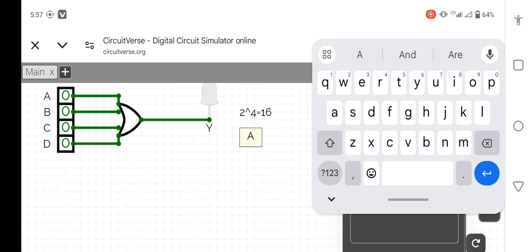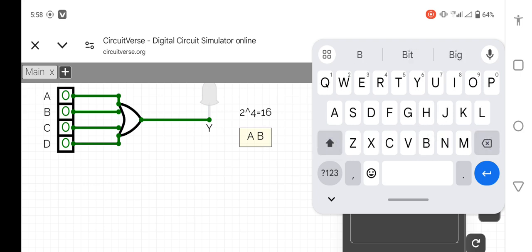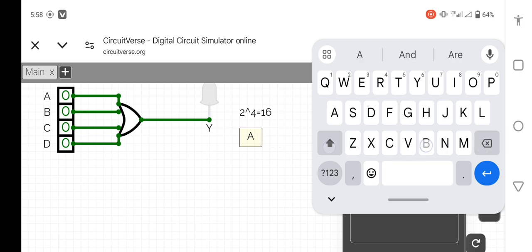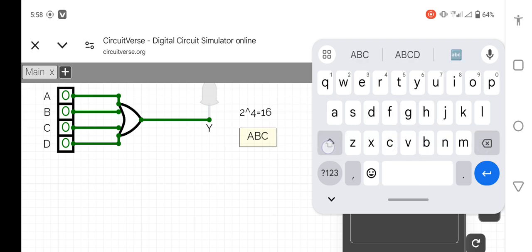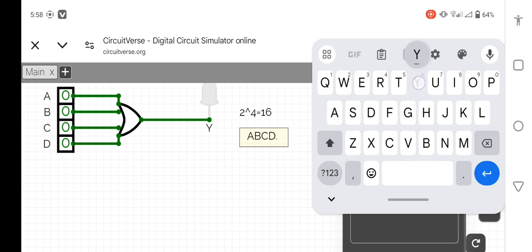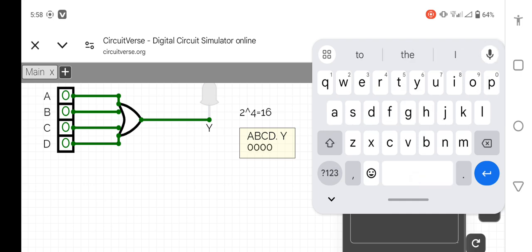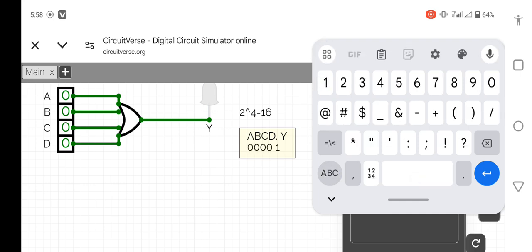So again, we have A, B, C, and D, and our output is Y. First input is 0000, then 1.